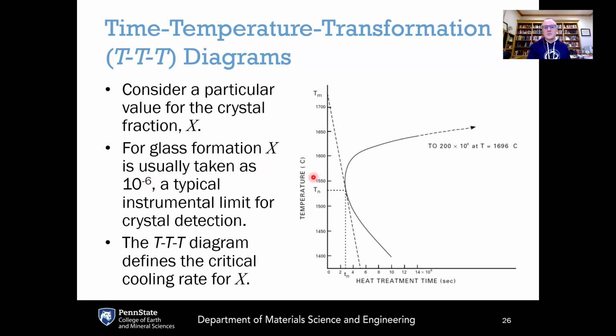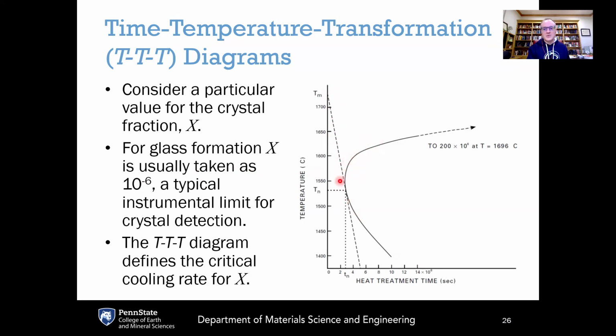And what this time temperature transformation diagram tells us is that if you want to get exactly a certain level of crystallization, you want to, say, cool from the melting temperature Tm, where no crystallization occurs, and have this cooling path that just exactly touches the contour of that particular level of crystallization.